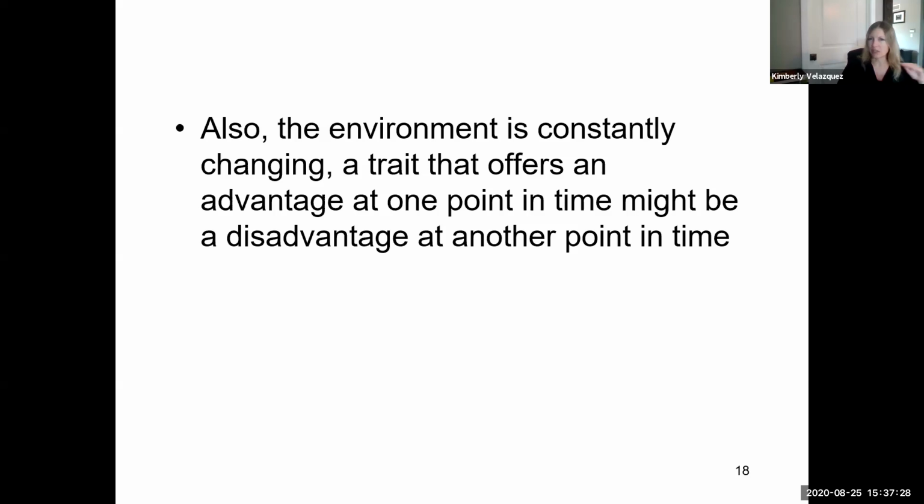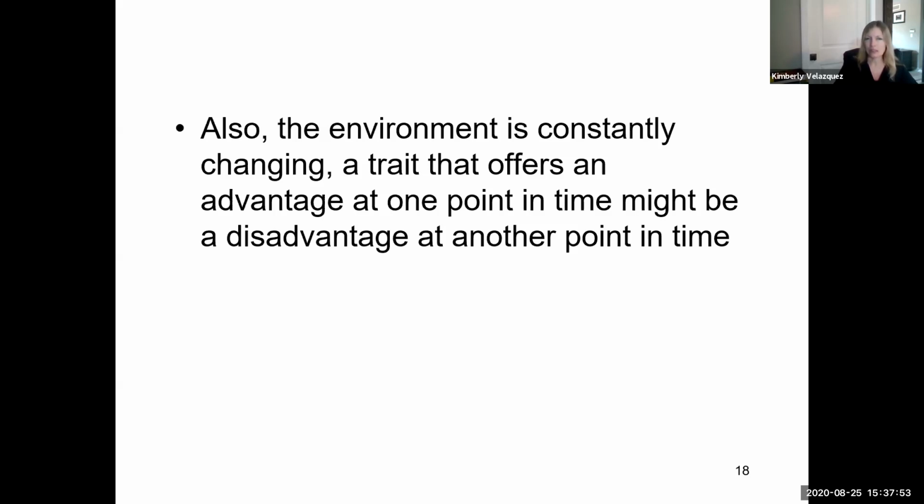If those guys were at the top of the food chain, there would be no advantage to them being camouflaged on the rock. So the selective pressure was predation. Those predators are what is offering the opportunity for that trait to be advantageous. Without that selective pressure, one fur color doesn't offer an advantage over the other.